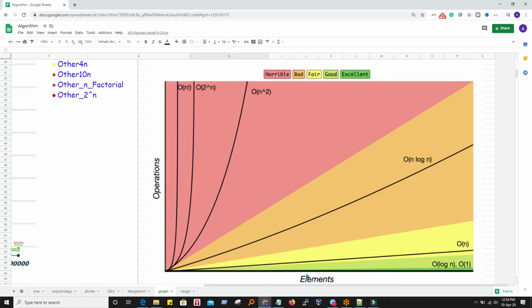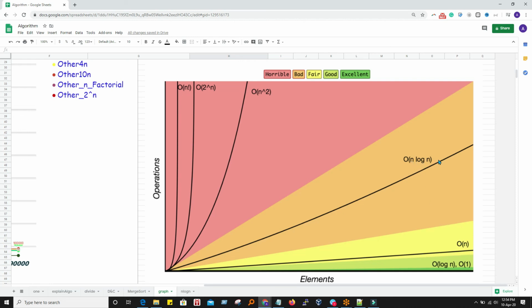For example, if you see the baseline, the green line, any algorithm that takes log n number of steps is awesome, an excellent algorithm. If something is of order n, it is just a good algorithm. You may say that it's a fair algorithm.